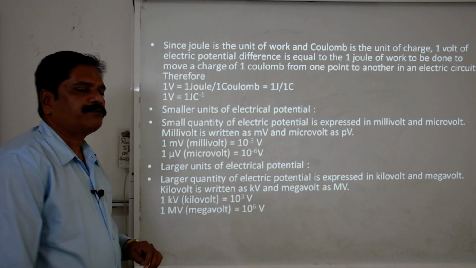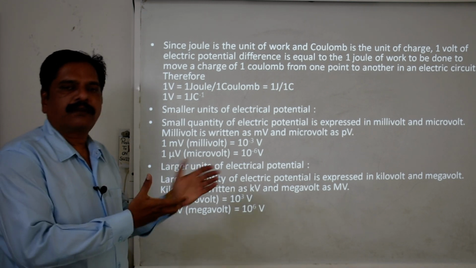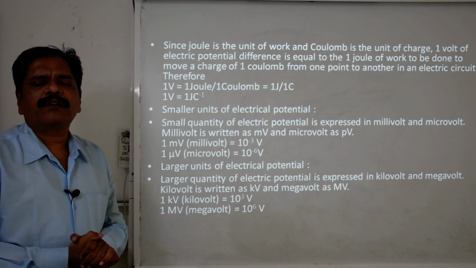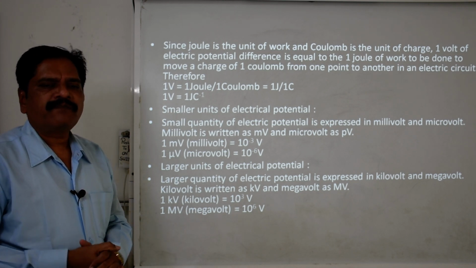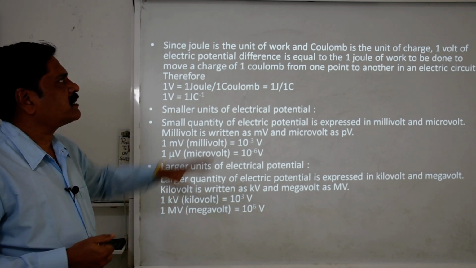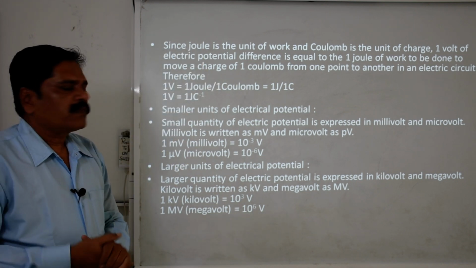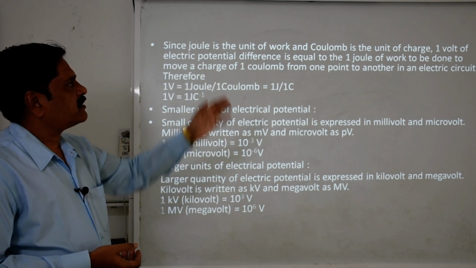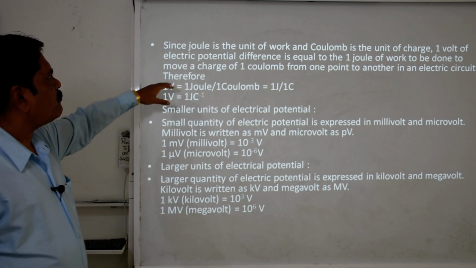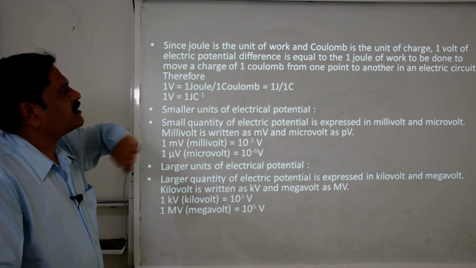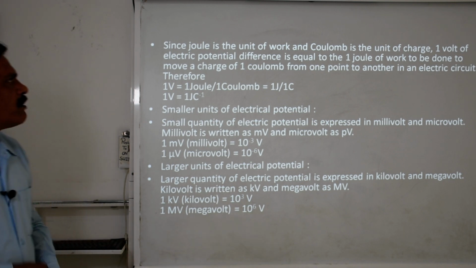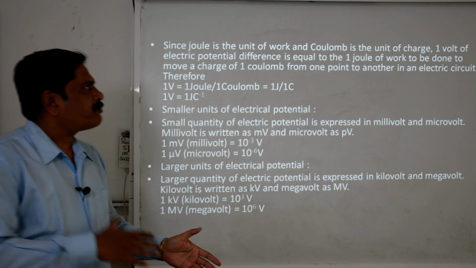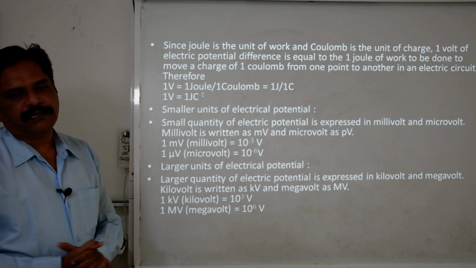Now moving forward, we know that the joule is the unit of work and the coulomb is the unit of charge. We learn what 1 volt is. 1 volt is equal to work done upon charge. So what is the SI unit of work done? That is the joule. And what is the SI unit of charge? That is the coulomb. So 1 volt of electric potential difference is equal to 1 joule of work done to move a charge of 1 coulomb from one point to another in an electric circuit.